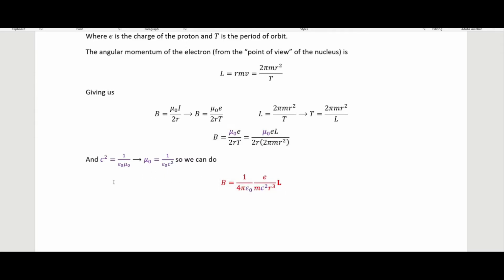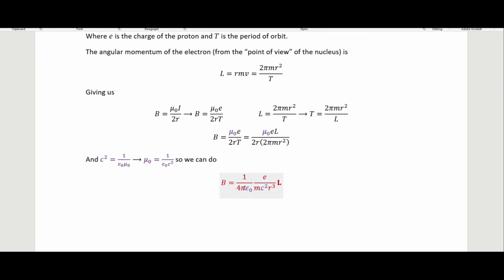Then Griffiths does this: c squared is equal to 1 over epsilon naught mu naught, which are the permeability and permittivity of free space. This is so we can get things in terms of epsilon naught rather than mu naught, which will give us our electrostatic potential formula.